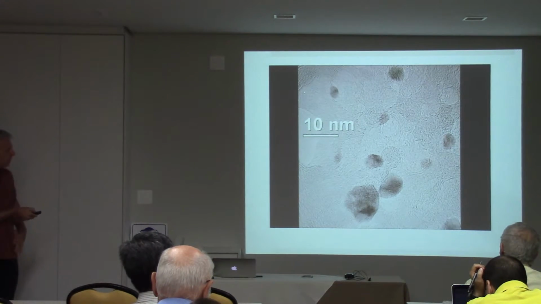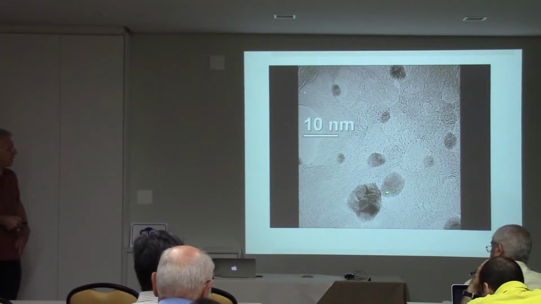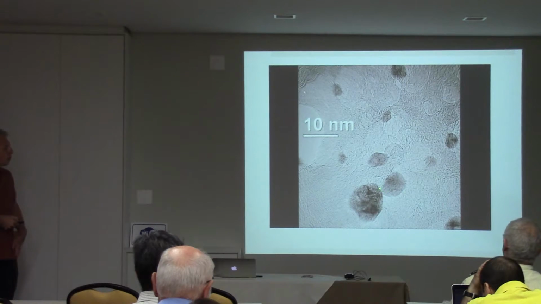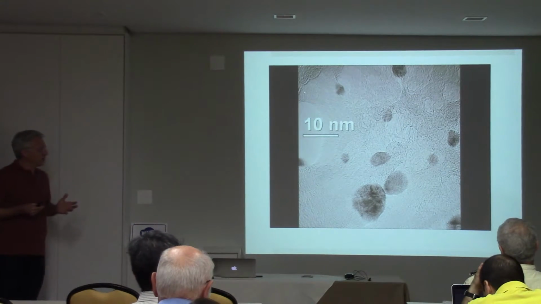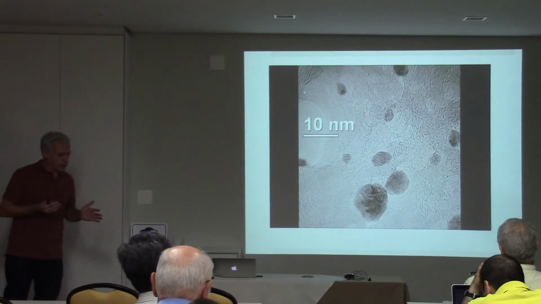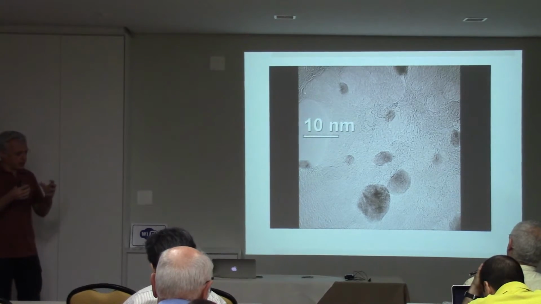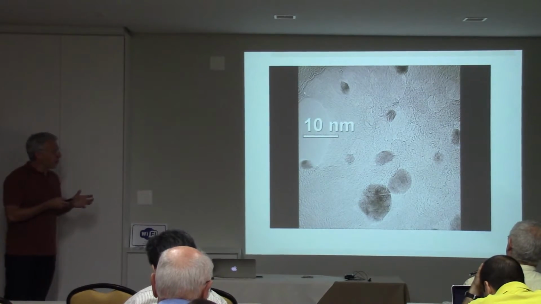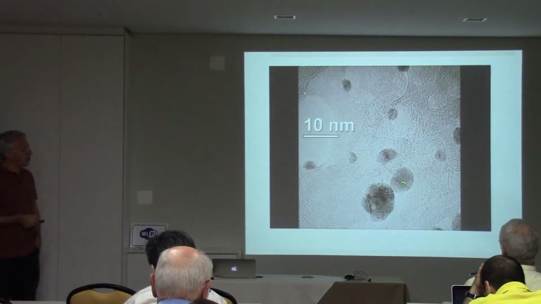In this case, it's clear how the clusters get close and join. We're trying to analyze the reason why sometimes they collide and sinter, and sometimes they don't. Probably it's related to the different morphology of the crystal.